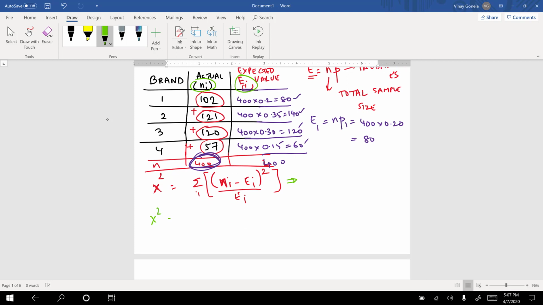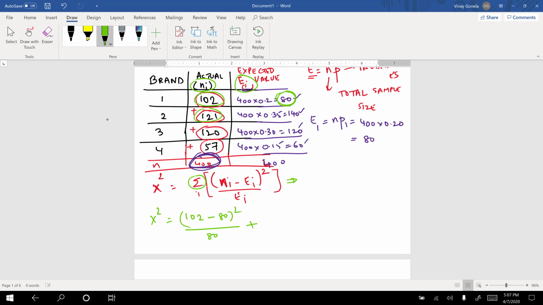This is going to be NI for the first one, that's 102 minus 80, EI, squared, divided by again EI, 80, and then plus, so I have the summation sign, so I'm doing plus.